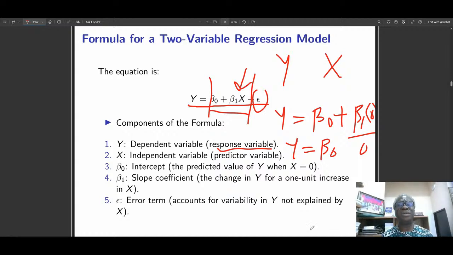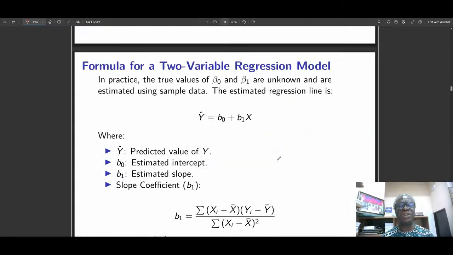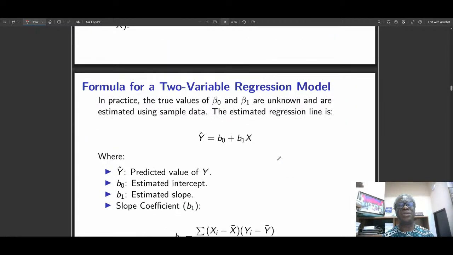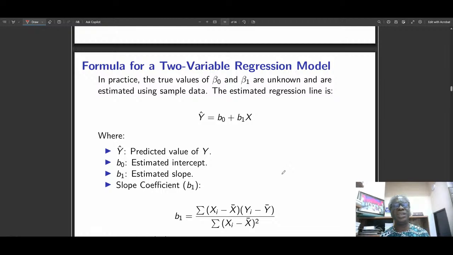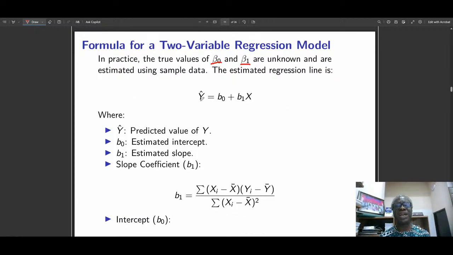So how do we now calculate? As I said earlier, the true values of beta naught and beta 1 are not known. So we have to estimate them using sample data. We have to draw a sample from the population. So that gives you an estimated regression equation.